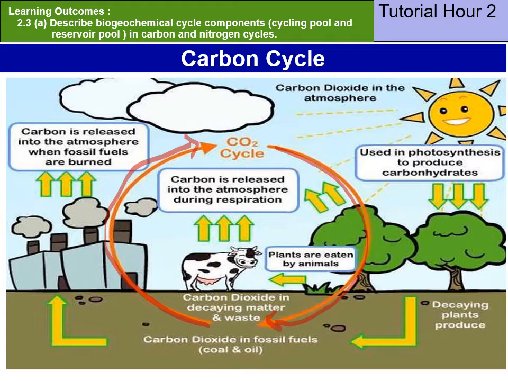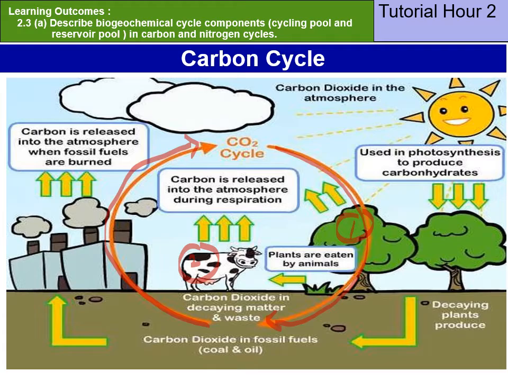So carbon terdapat as organic compound in producers. The plant, as a producer, itu autotroph. And then bila plant eaten by animal, so carbon terdapat seterusnya as organic compound in consumers, heterotroph.